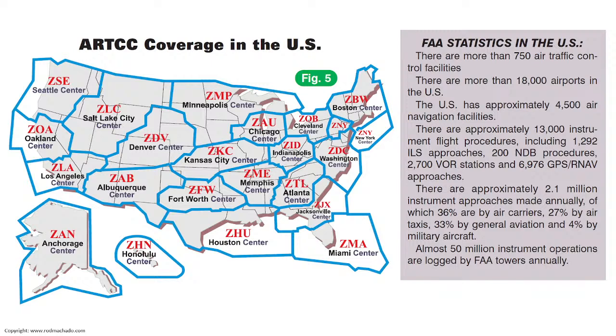So if you fly from here down to Las Vegas, for example, you go from Seattle Center, you might go into Salt Lake Center. You might clip Oakland Center, and then you'll end up down in Los Angeles Center. The centers all handle things up at higher altitudes, generally above 6,000 feet.